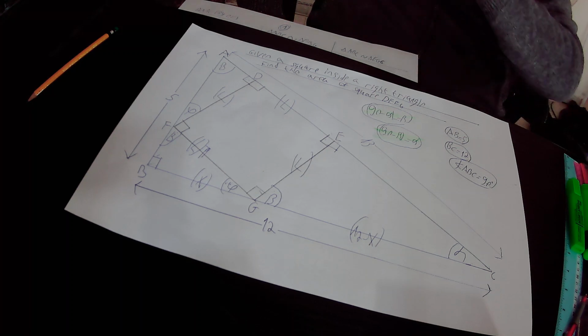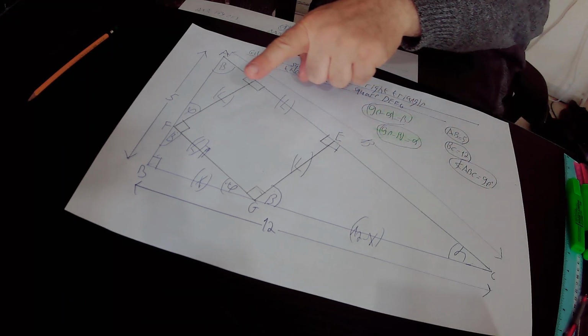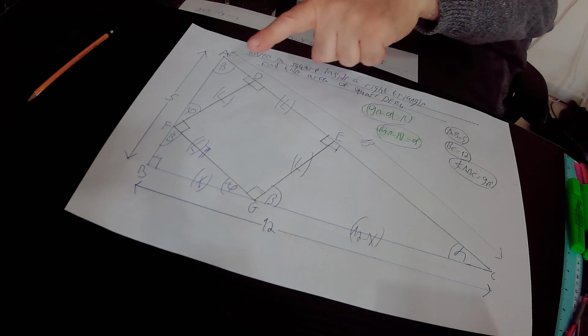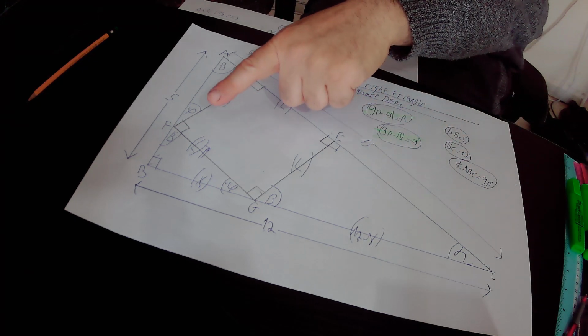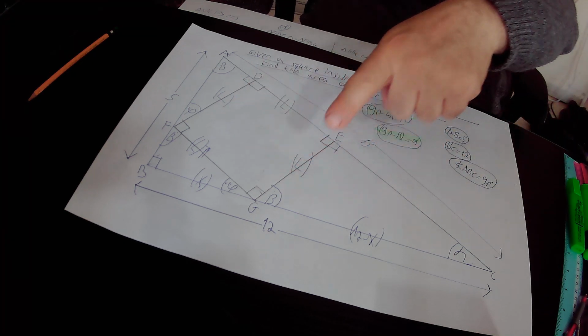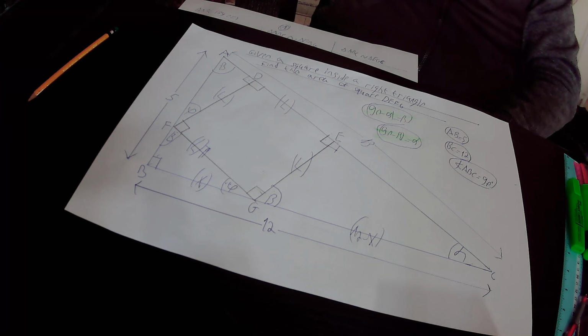Then we focus on line segment BC. Line segment BC is one side of the right triangle ABC, therefore it is absolutely a straight line. So if you focus on the upper side of the straight line BC at point G, here the sum of the angles must be equal to 180 degrees according to the rule that I mentioned.